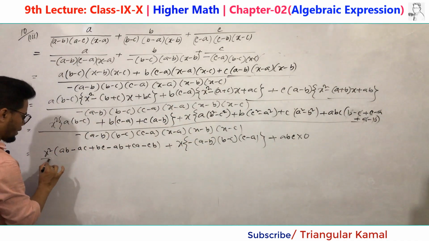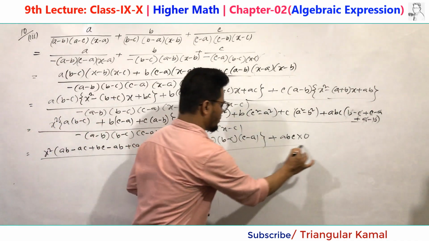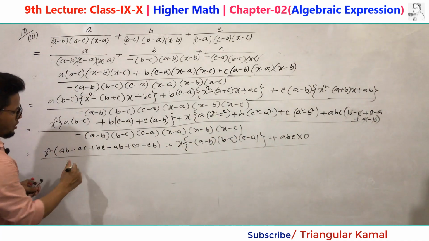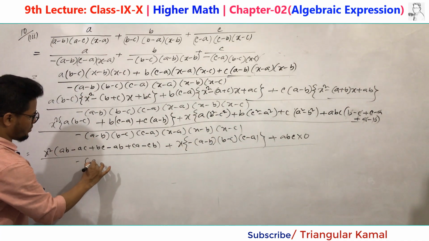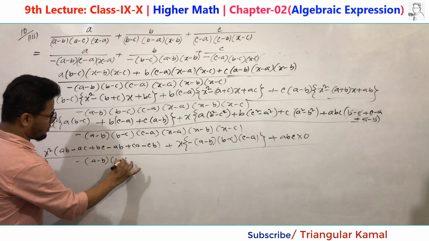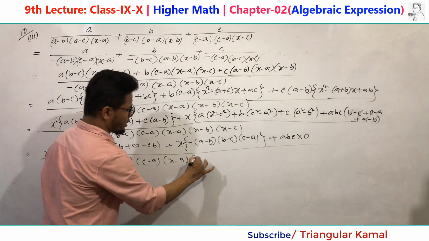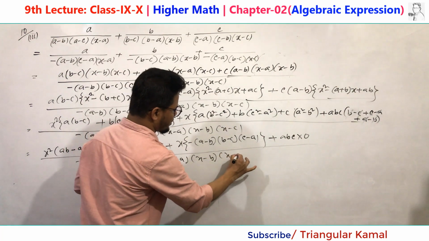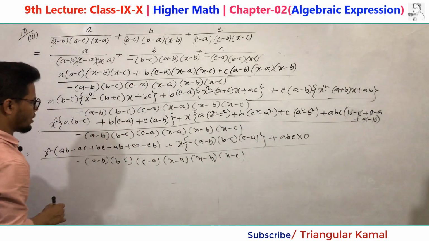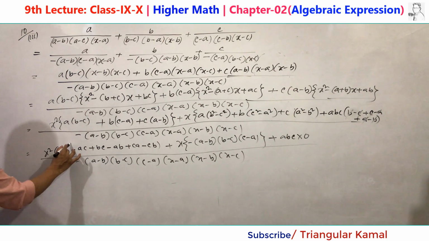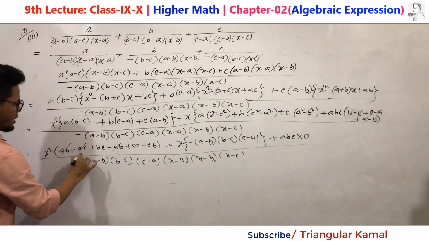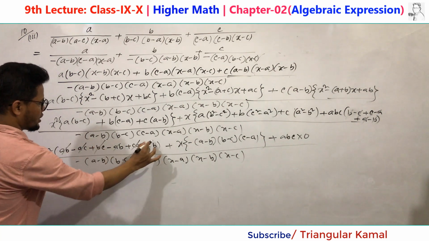Now this denominator part will remain the same, like a minus b, b minus c, and c minus a, x minus a, x minus b, x minus c. Like ab plus ab minus ac plus ac minus bc plus bc.